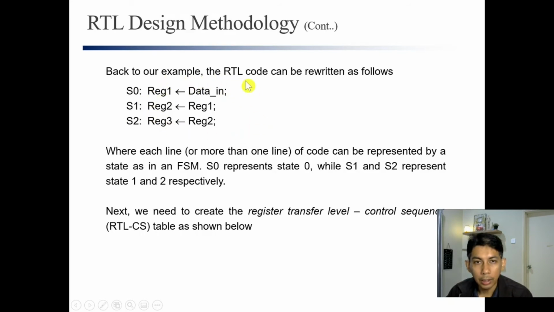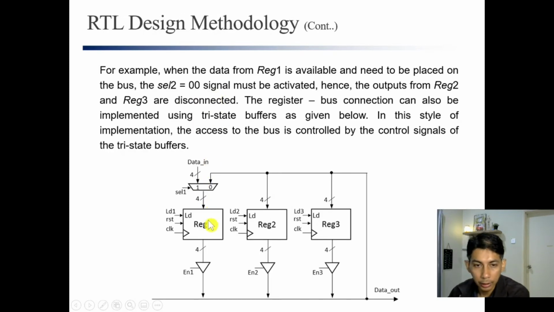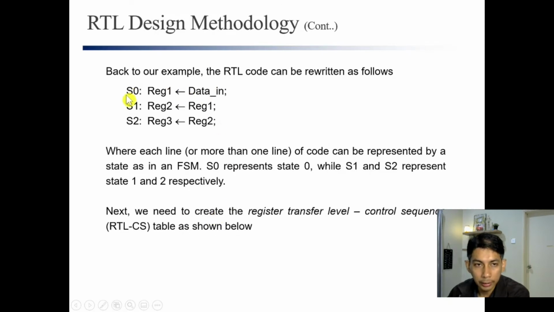The RTL code, just like what we have learned just now. So this is RTL code, and we can rewrite the RTL code like this, using this notation, where moving data from the outside from here into rack 1 is in state S0.